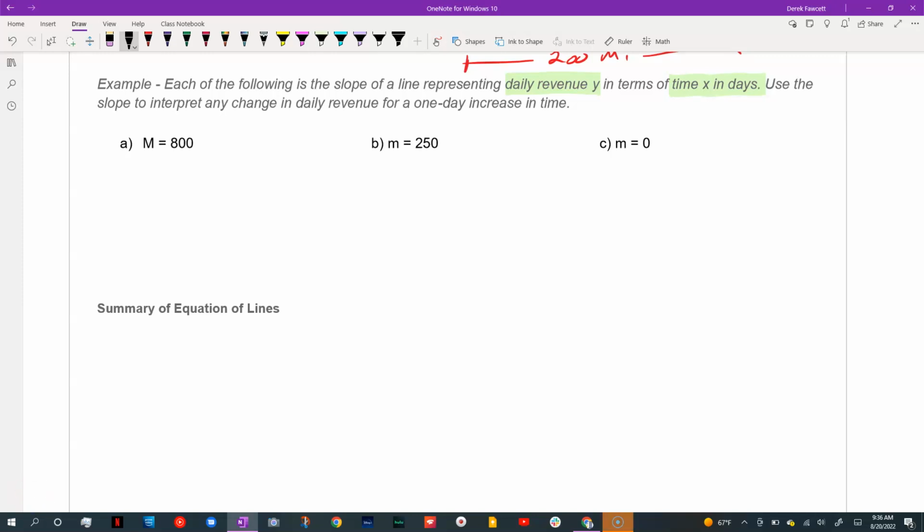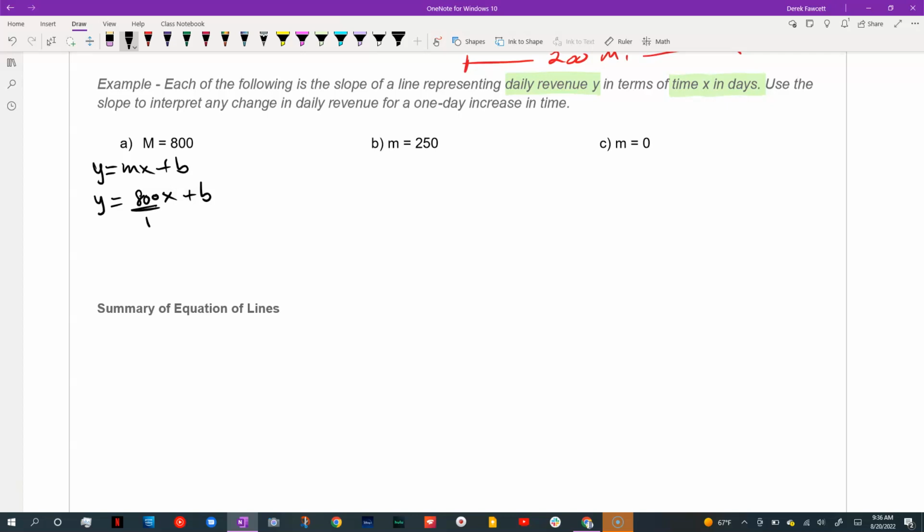So on the first one, the 800, the hard part is wrapping your mind around what that means. All right, remember y equals mx plus b, and we're looking at the slope. If we plug that in, y is equal to 800x plus b. That slope represents the change, and I always like to write it over 1.